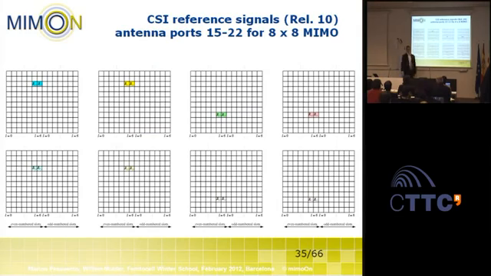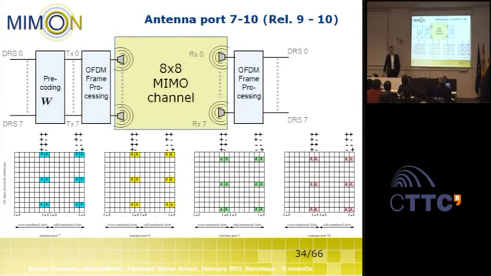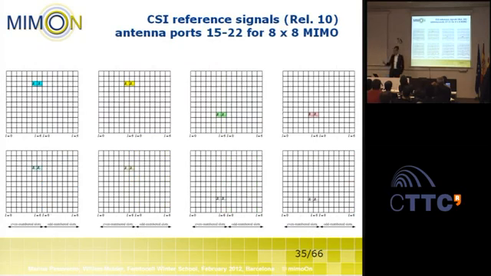On top of this, there's also a feedback mechanism implemented in LTE. On the previous slide, these reference signals were denoted as demodulation reference signals because they are used for demodulation. On the next slide, we see reference signals that are used for carrying out channel measurements. Even if a user equipment is not scheduled on an 8x8 transmission mode, these reference signals can be used to estimate the channel conditions and to prepare feedback to the transmitter.